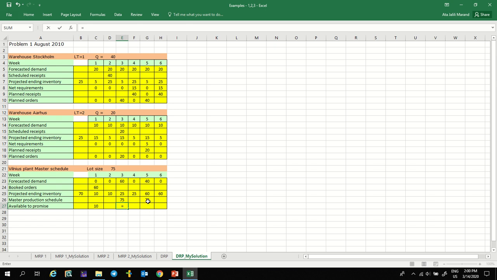So there is a production already scheduled for week 5, so we only need to take into account the orders in weeks 3 and 4. So here I have master production minus the sum of the orders in weeks 3 and 4, which is 0 of course, so I will get 75 for available to promise in week 3. Through the same discussion, I can calculate the available to promise in week 5, and it is 75.